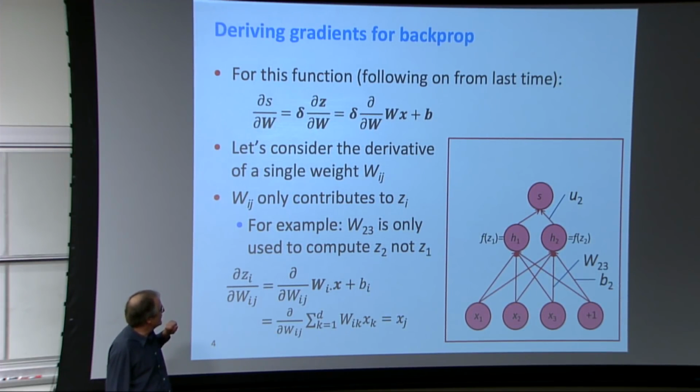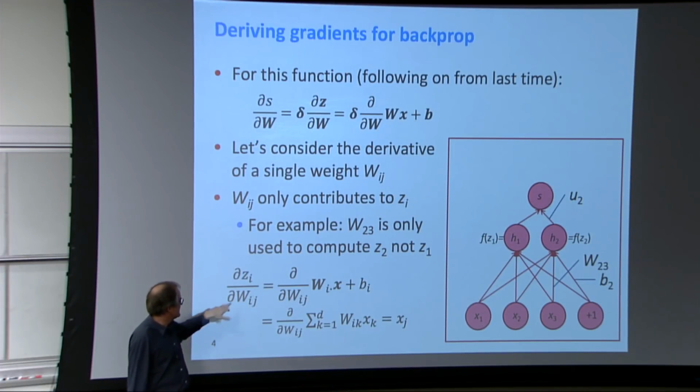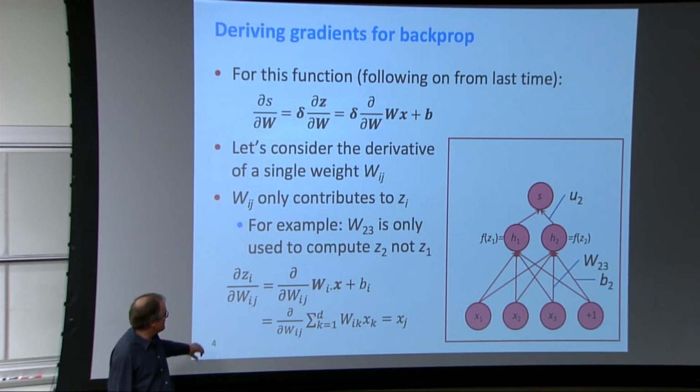And we started to look at it, and I made the argument based on our shape convention that the shape of that should be the same shape as our W matrix. So it should be the same n times m shape as this W matrix.